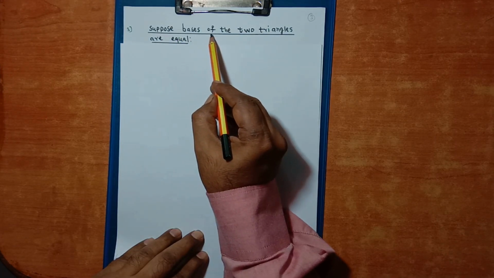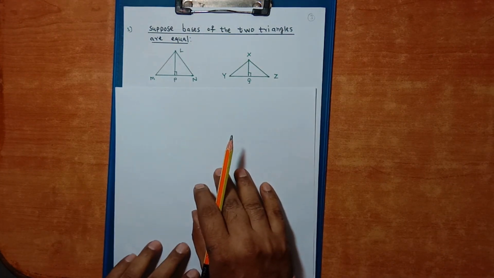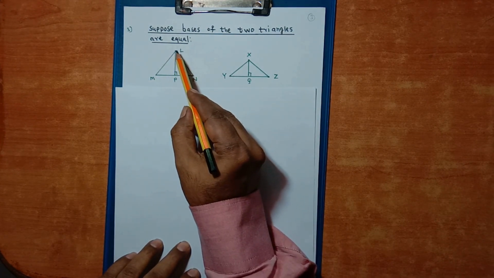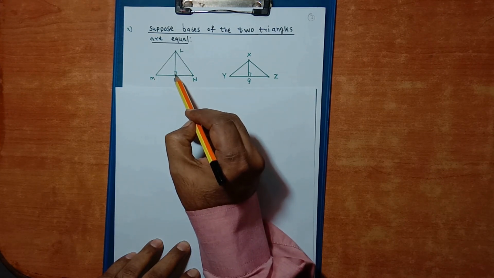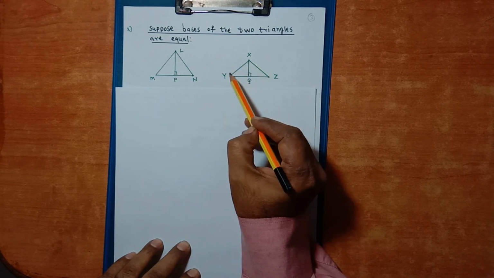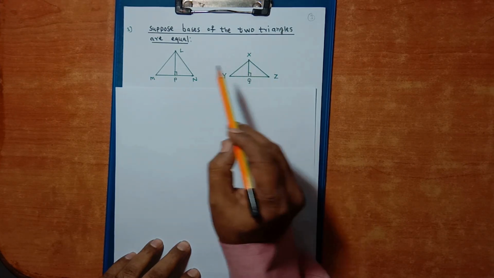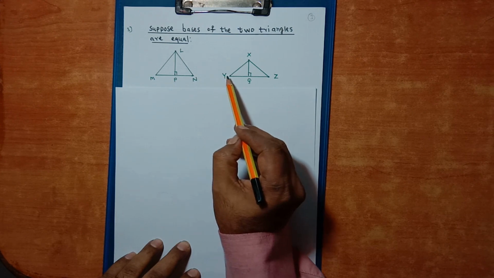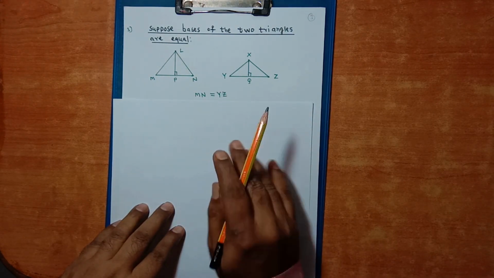Suppose bases of the two triangles are equal. Now in this diagram, in triangle LMN, MN is the base, LP is the height. In triangle XYZ, YZ is the base, XQ is the height, and length of MN is equal to length of YZ, means MN is equal to YZ.